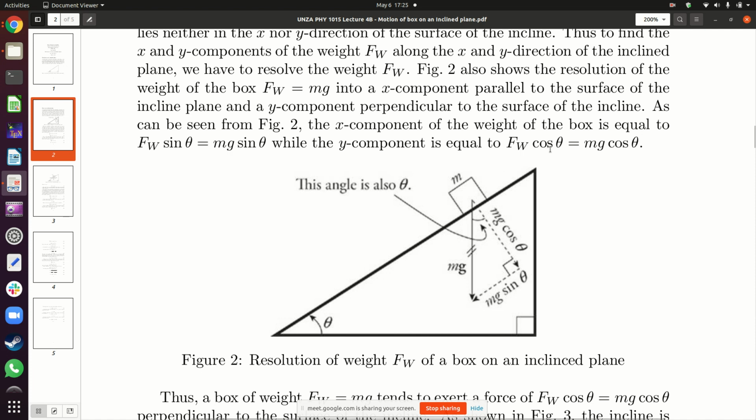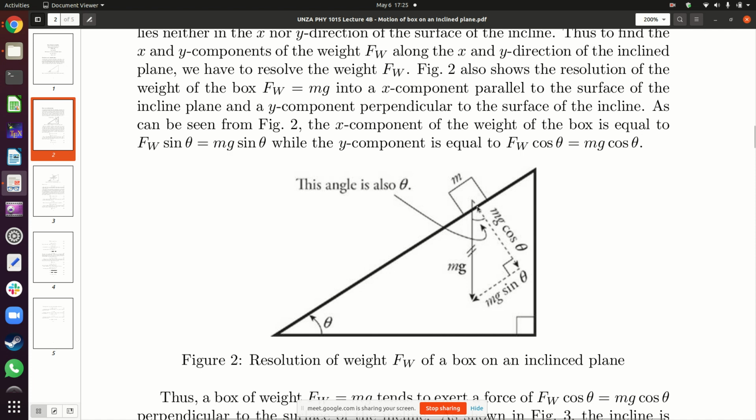So we take care of which part of this x-axis is positive and which part of the x-axis is going to be negative. So down here, we choose this to be our positive x-axis, meaning up there is going to be our negative x-axis. Similarly, along the y-axis, right now we don't know which part is positive and which part is negative.